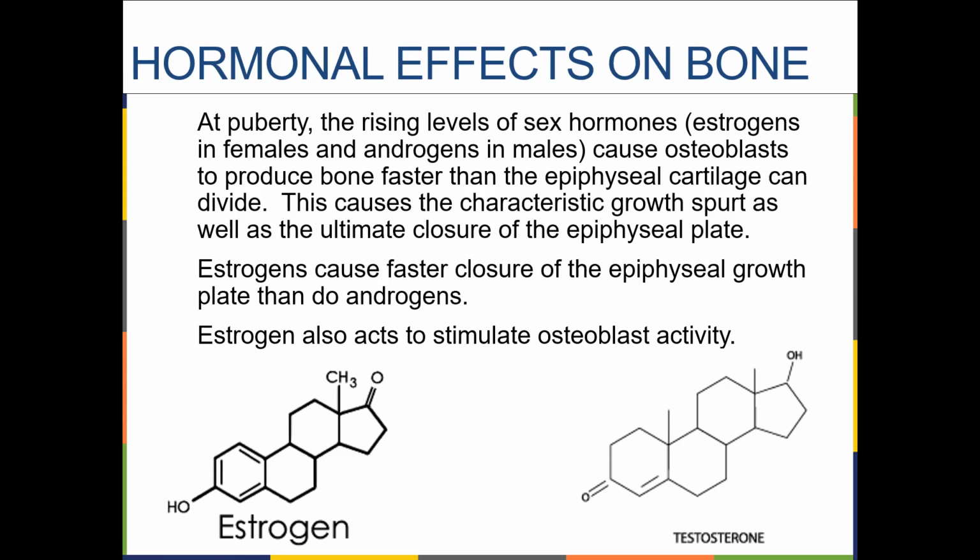The estrogens close down the growth plates earlier than testosterone does. So a female usually starts puberty about a year before a male does, maybe 2 years before a male does. And the estrogen will trigger rapid bone growth. So they have the growth spurt.